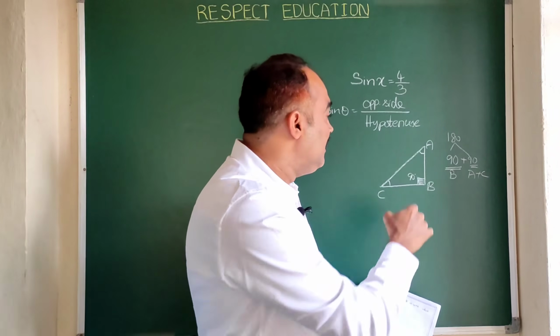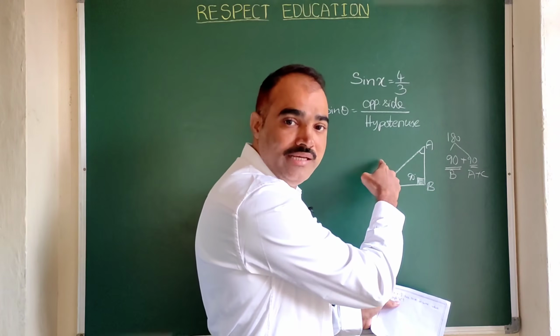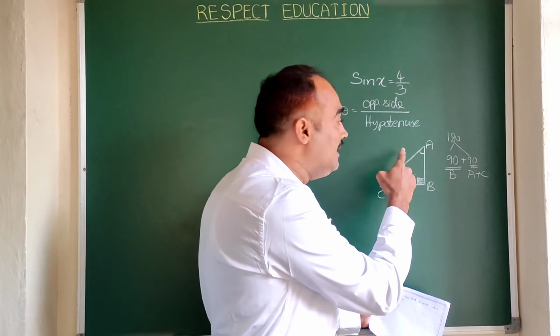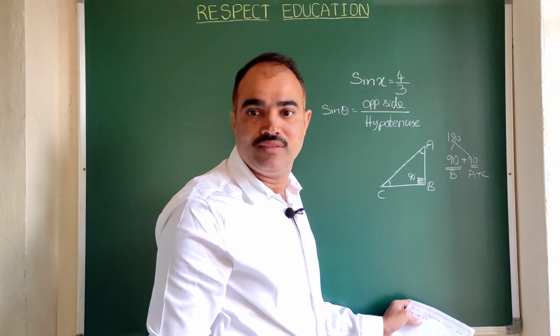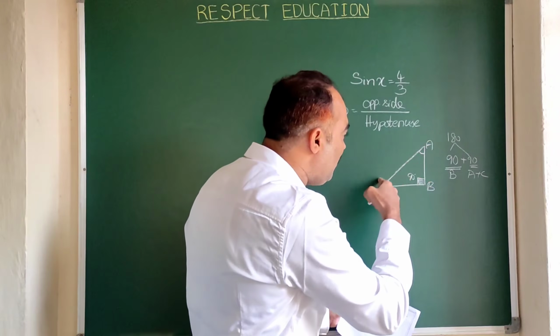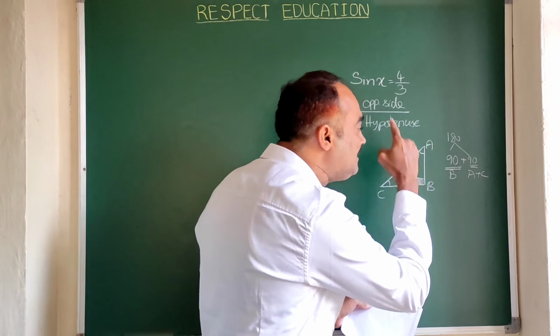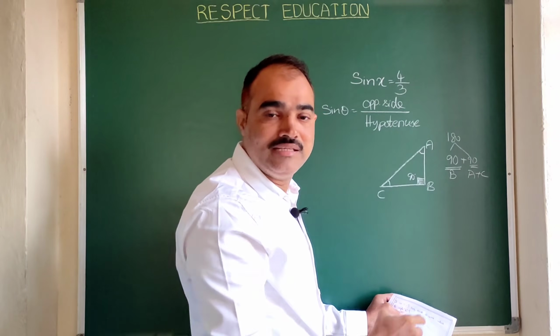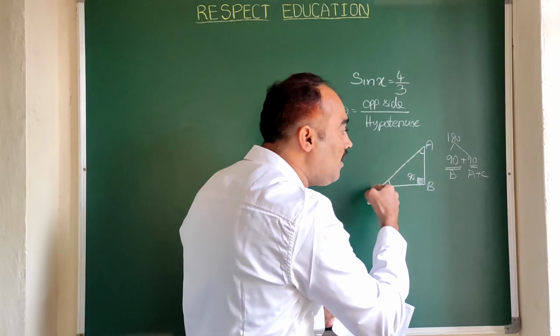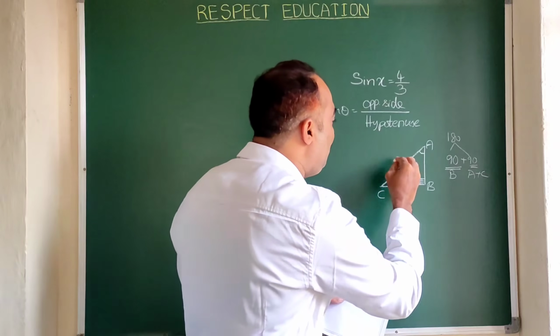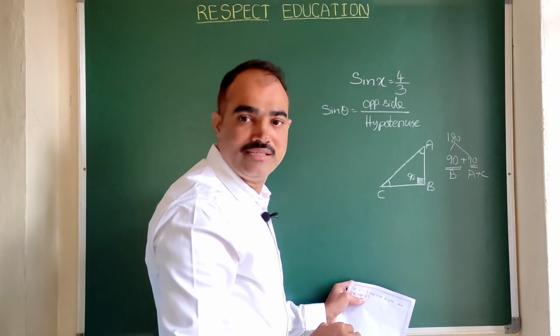As you know, the side opposite to the larger angle is the longest side. I repeat, the side opposite to the larger angle is the longest side. What is the longest side here? AC. So the hypotenuse, AC, is the longest side.